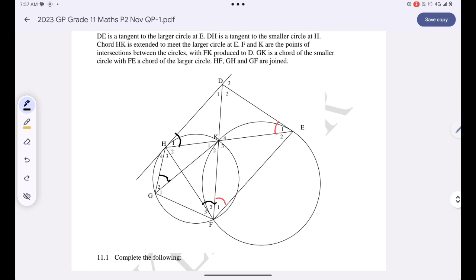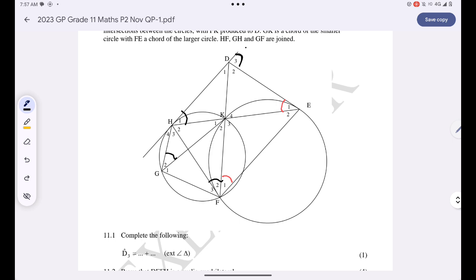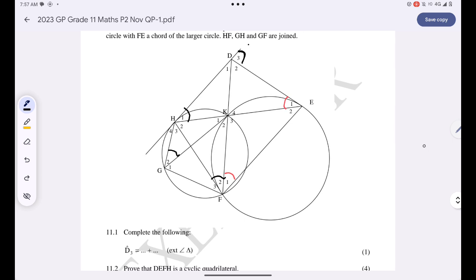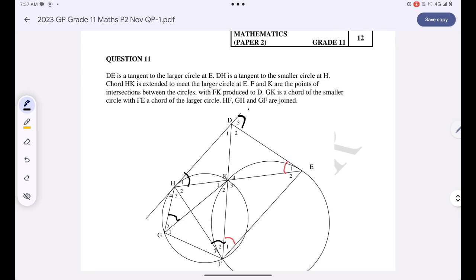Where is D3? There's D3. D3 is an exterior angle of a triangle, right? Which triangle are we looking at?